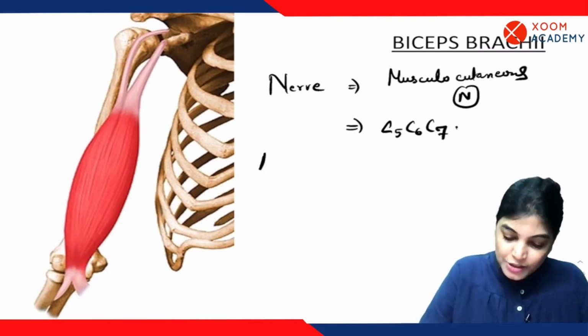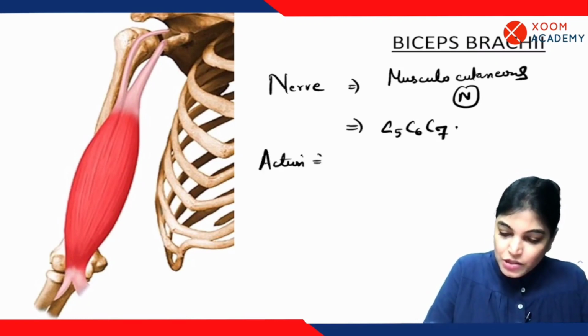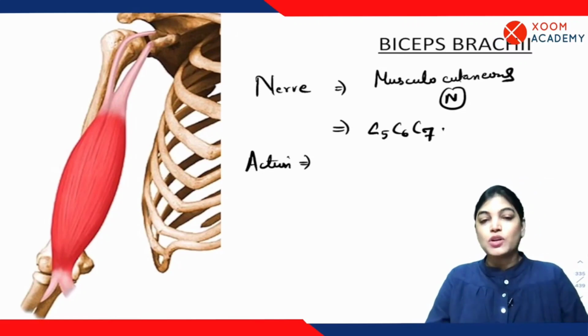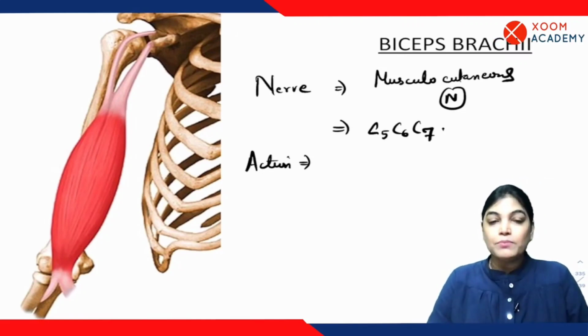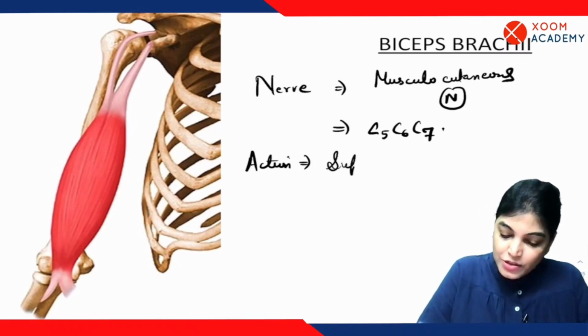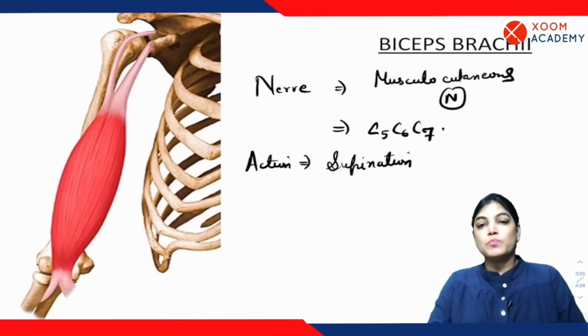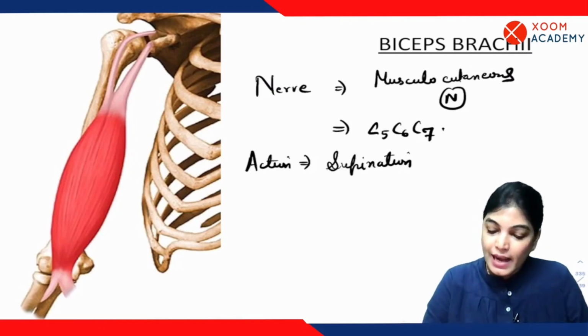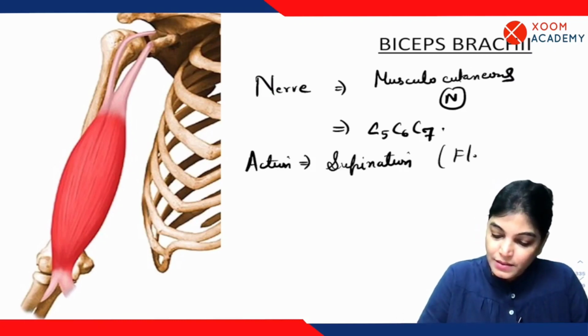Action. The action of the biceps brachii muscle: it is an important muscle which causes supination of the forearm when the elbow is flexed.